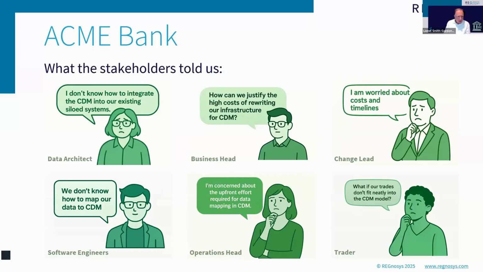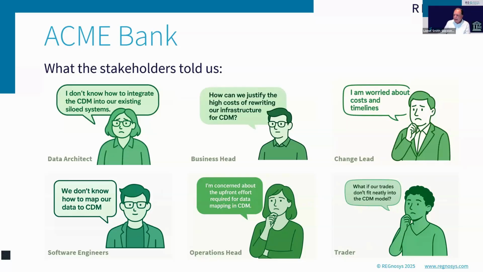And similar to what you've all told us, we get some consistent messages around integrating CDM, the costs and timelines of doing that, the challenges of mapping and the effort required to do that, and then some concerns that firm-specific data will be a challenge.